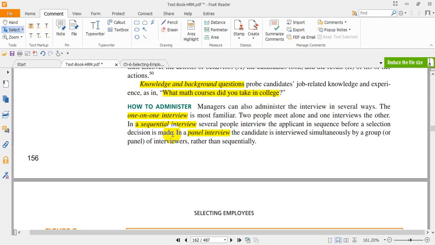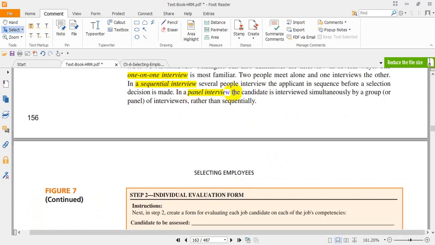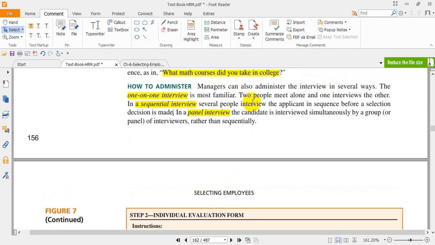In a panel interview, the candidate is interviewed simultaneously by a group or a panel as a committee of interviewers rather than sequentially. So here are three types: one-on-one, sequential, or panel.